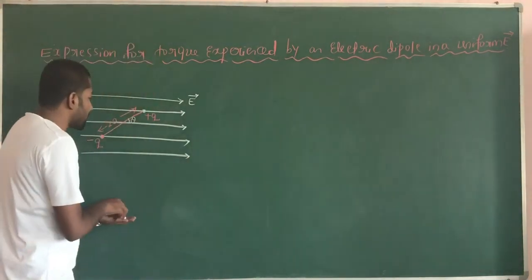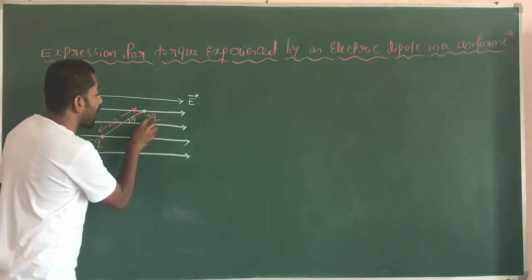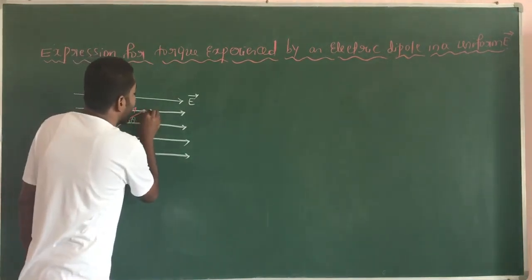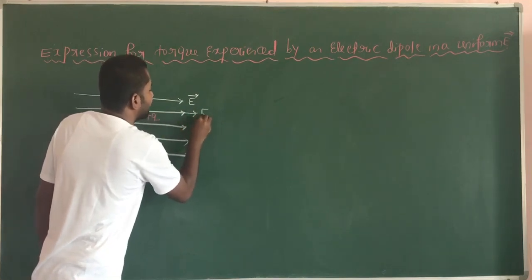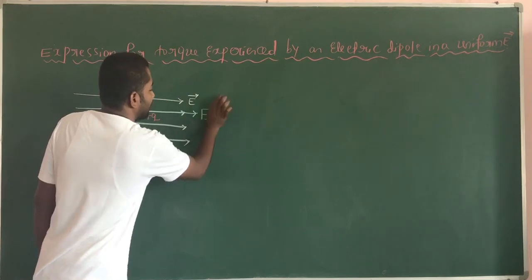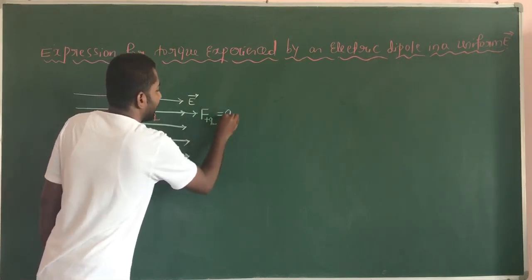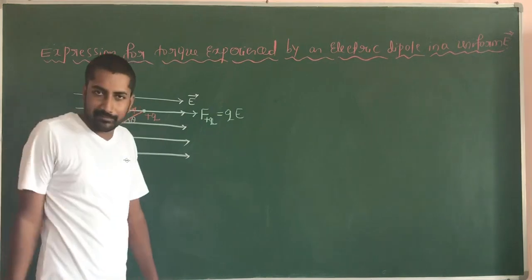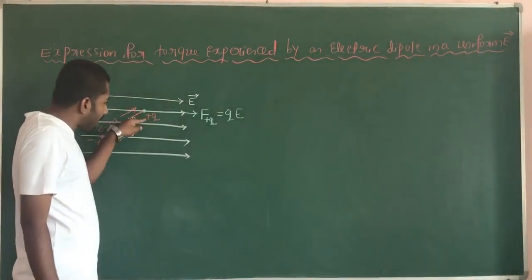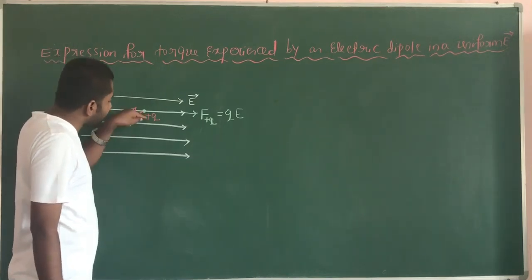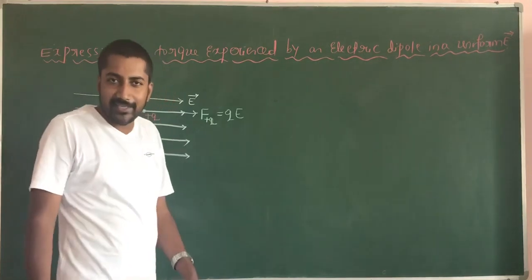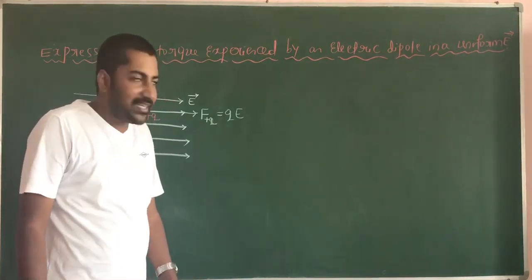Now the force acting on this charge particle due to the positive charge is Q into E. The force acting on the positive charge is along the direction of the electric field, it is always along the direction of the electric field.